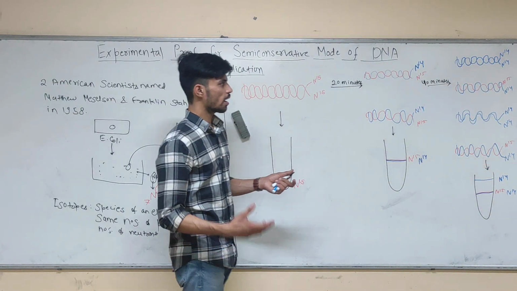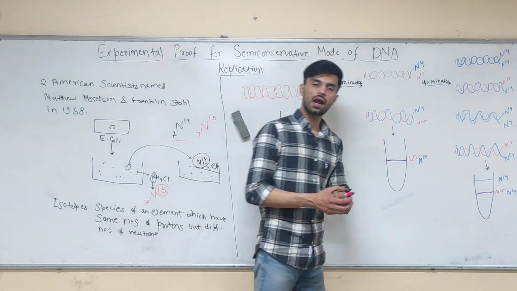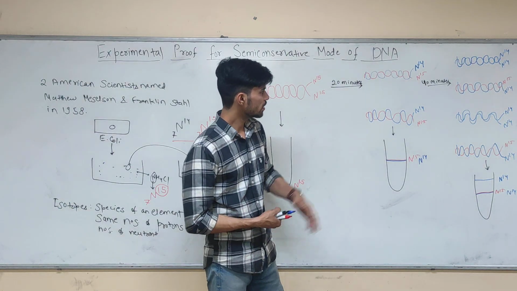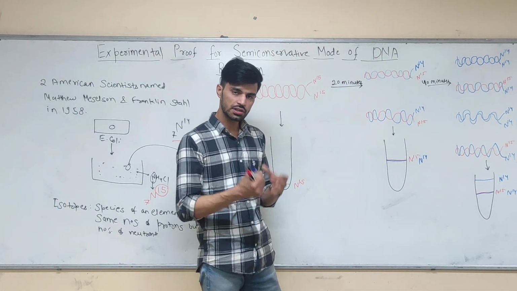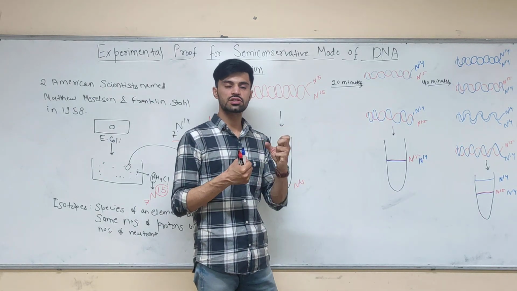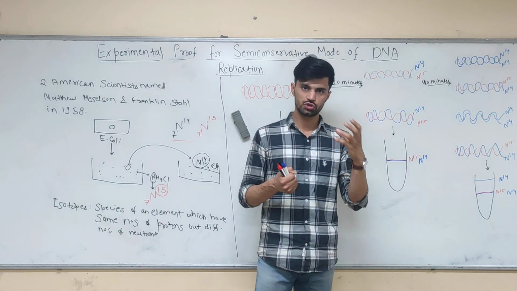So what we have come to know is that DNA divides by the semiconservative mode of DNA replication. Here, when DNA divides or replicates, it conserves half of the parental strand and makes half, that is the daughter strand, which is a new strand.